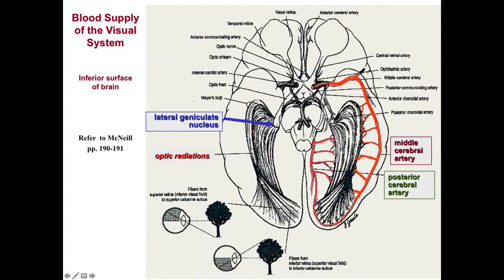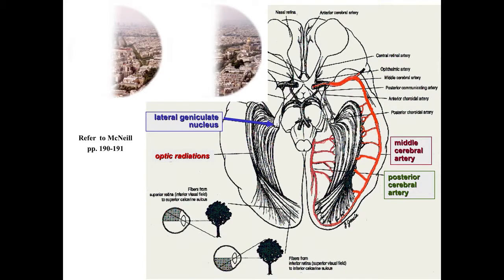And so if we lose this portion of the occipital lobe, we can lose half of our visual field, our ability to process one half of our visual field. They call this homonymous hemianopsia. Basically it looks like this, where you lose half of your visual field and it appears in both eyes.